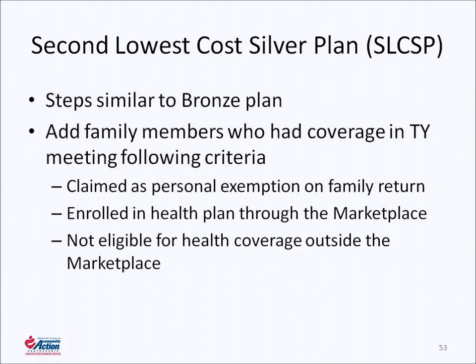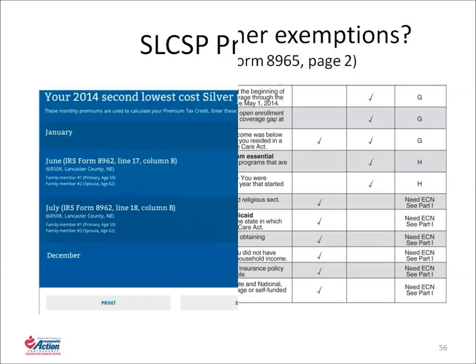Now, to find the second lowest cost silver plan, just like the bronze plan, add members who had coverage in the tax year meeting the following criteria: claimed as a personal exemption, enrolled through the marketplace, and not eligible for health coverage outside the marketplace. Looks pretty similar.